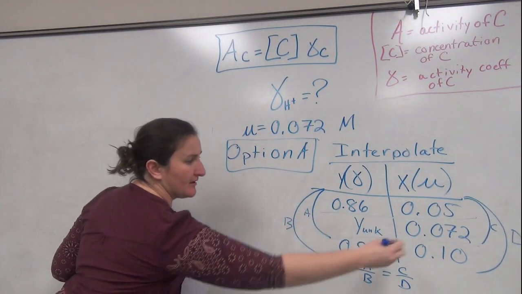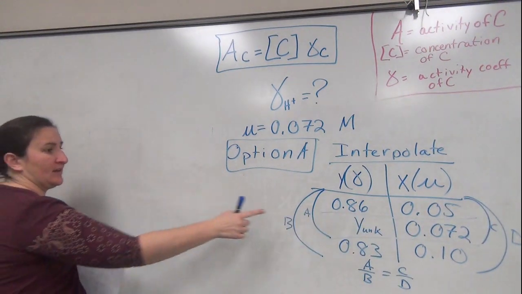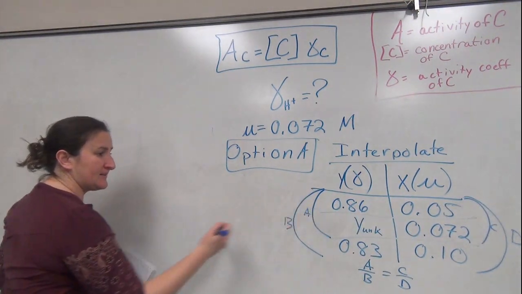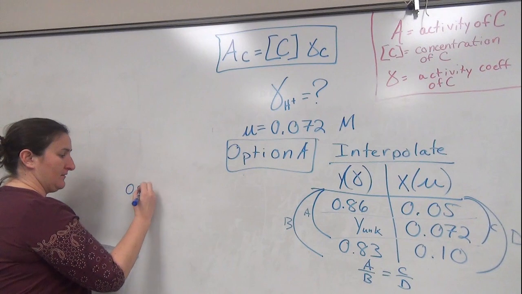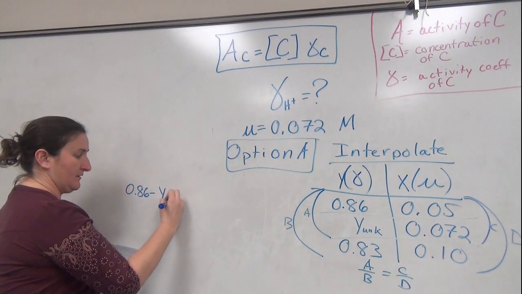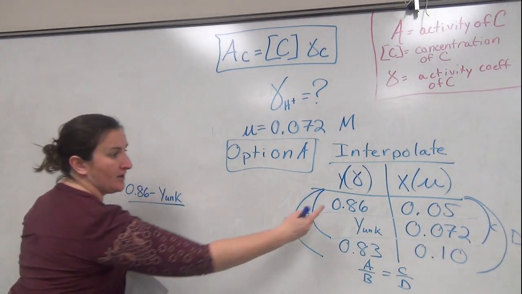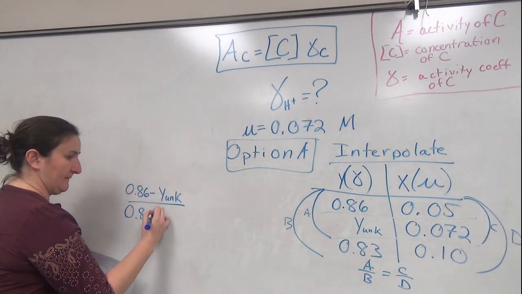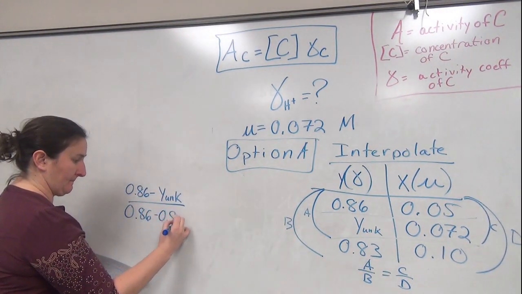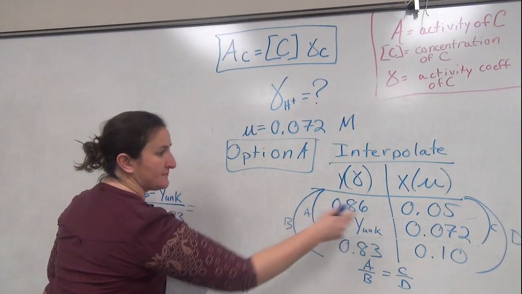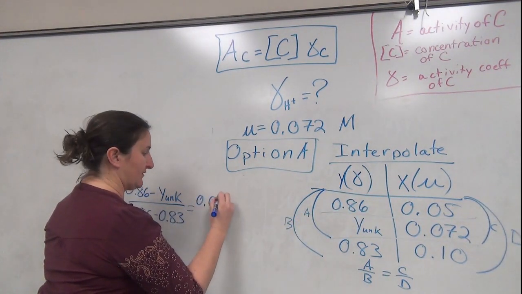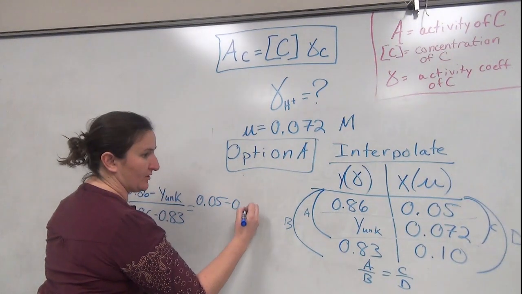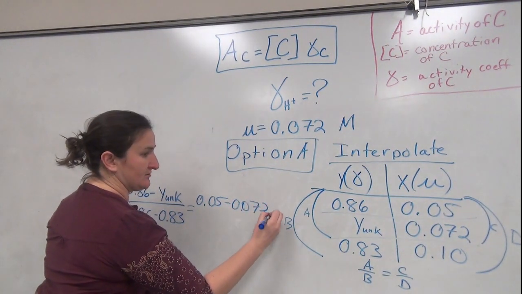So in this case it is, and make sure you keep your orders right. I'm going to go top to bottom, top to bottom. So meaning 0.86 minus my unknown over 0.86 minus 0.83 equals my small interval 0.05, same order, keep the same order, over 0.72.